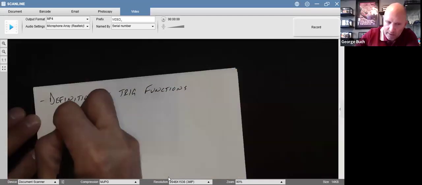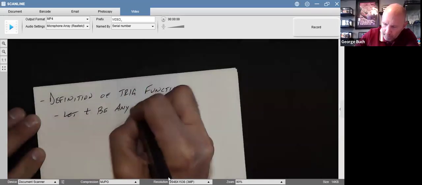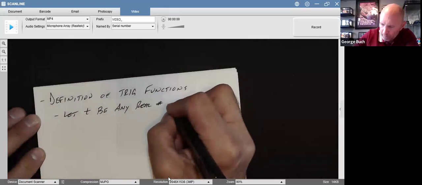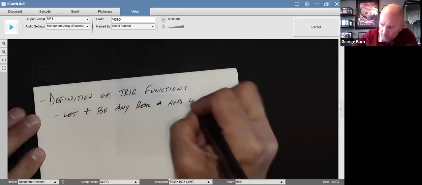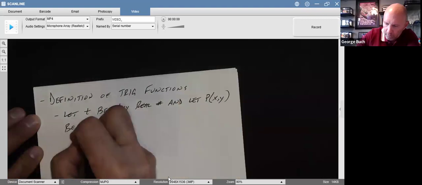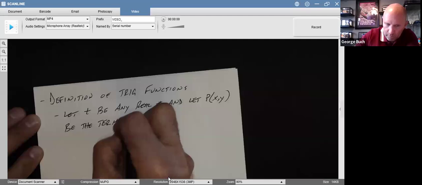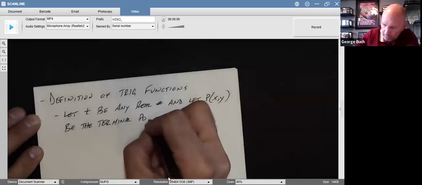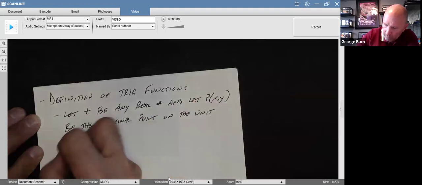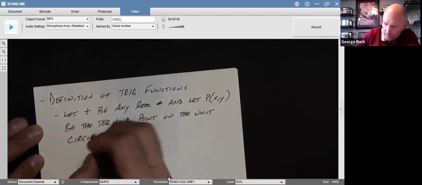So we say let t be any real number and let P of (x, y), so that's our point with our x, y coordinates, be the terminal point on the unit circle determined by t.